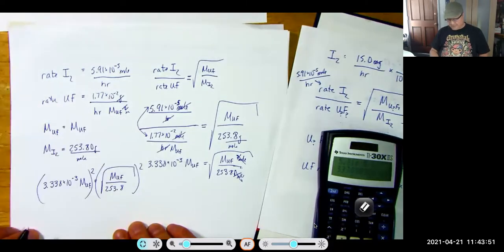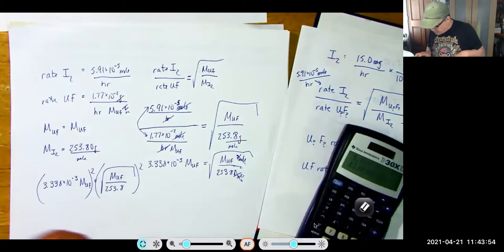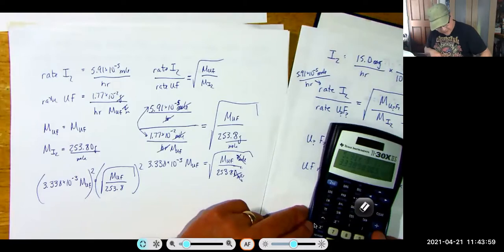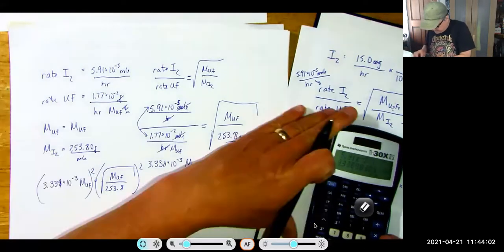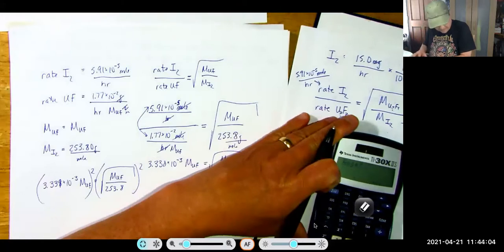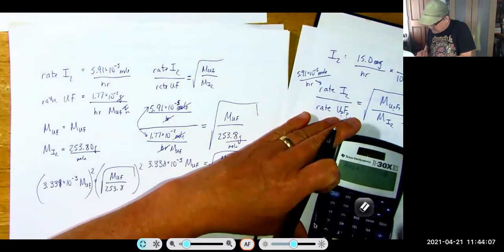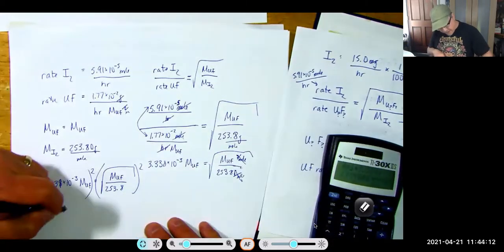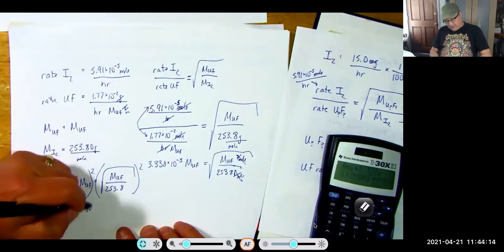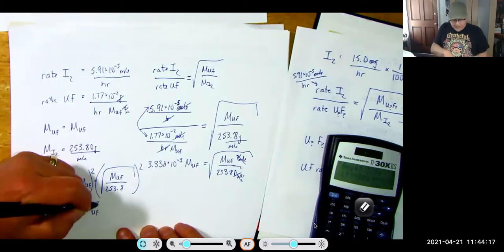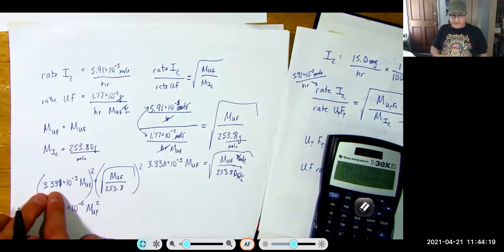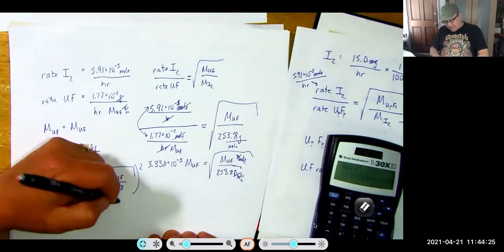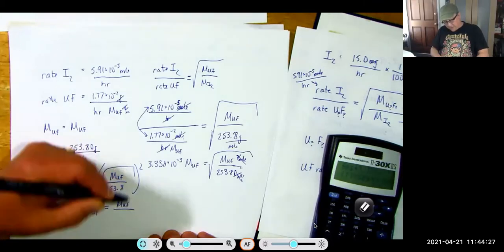Okay. So I'm going to square this 3.33, and I get 1.11 times 10 to the minus 5. And I get the molar mass of UF squared because I have to square everything inside of there, this and that. You with me there? Yeah. Okay, and here I'm going to get the molar mass of UF over 253.8.